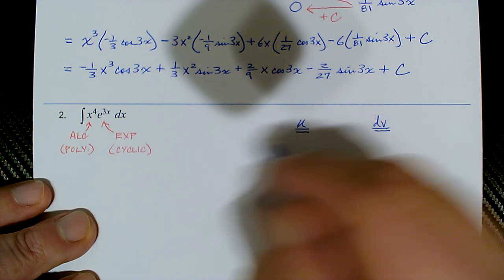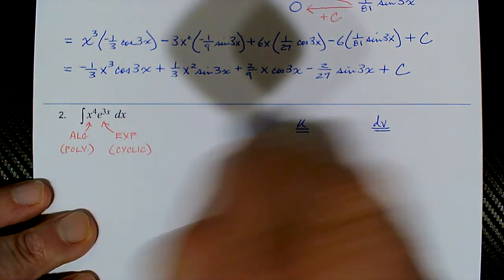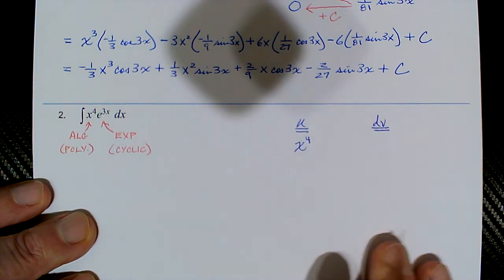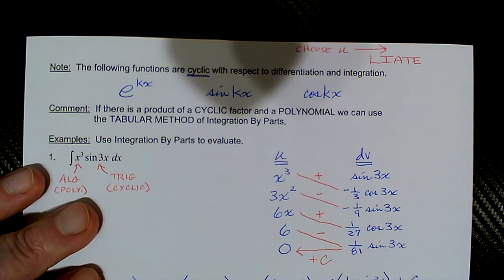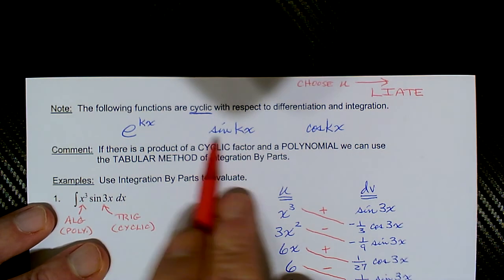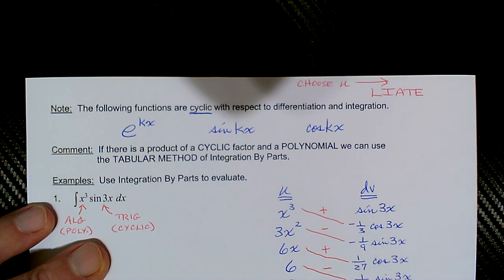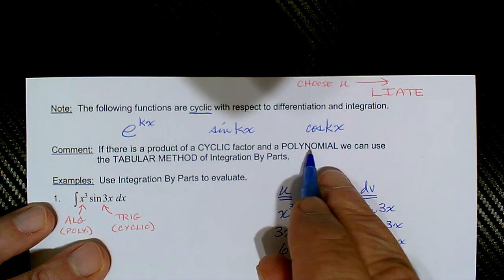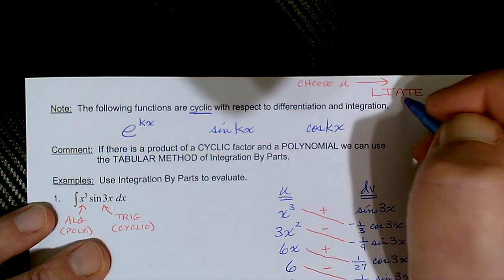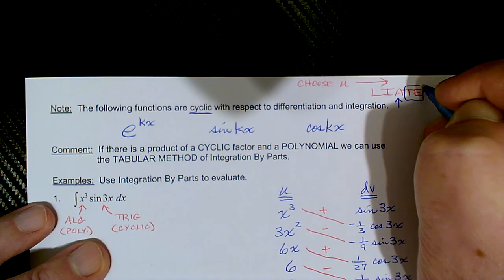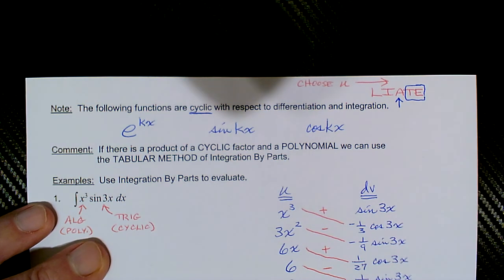According to LIATE again, algebraic is our choice of u. And that's always going to be the case in this situation, because if you consider LIATE and the fact that these cyclic factors are exponentials or trigs, and we're talking about a cyclic and a polynomial, which is the algebraic factor, the algebraic is always going to be your choice of u, because they precede the trig and exponential in our hierarchy.